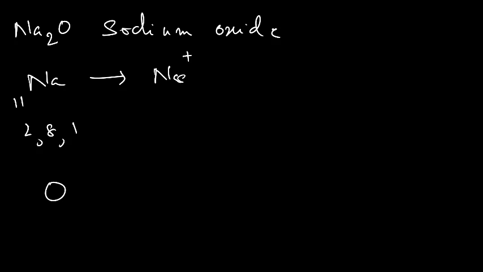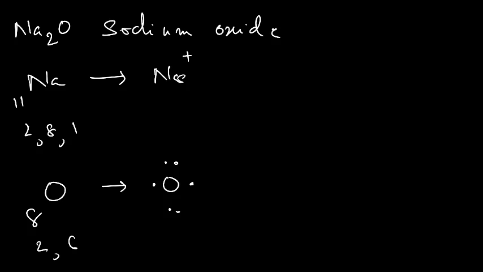On the other hand, oxygen, atomic number 8, has configuration 2,6. It needs 2 electrons from outside to get the octet configuration. Therefore, let us represent oxygen in Lewis structure. 2 electrons here, 2 electrons here, and of course, we can make it in this manner: 1 electron and 1 electron, 2 electrons, 2 electrons, 1 electron, 1 electron.